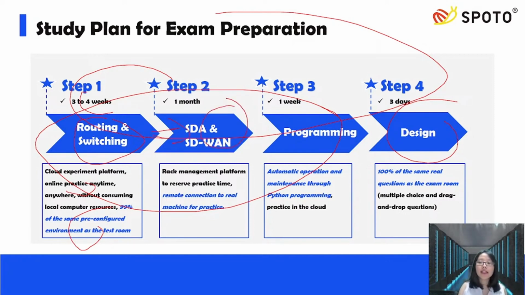So we will send the SDA, SD1 solution and SDN practice direct permission. And then we will check each candidate's practice process. Programming is the same. So the practice environment is perfect for everyone to learn. The last stage is design. Design will be sent out 1 week before the exam.